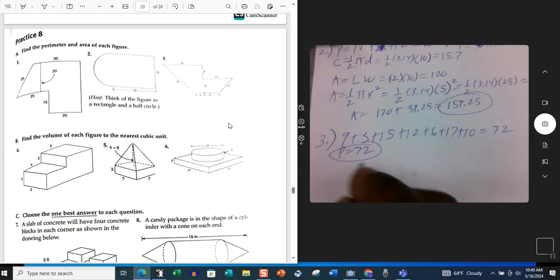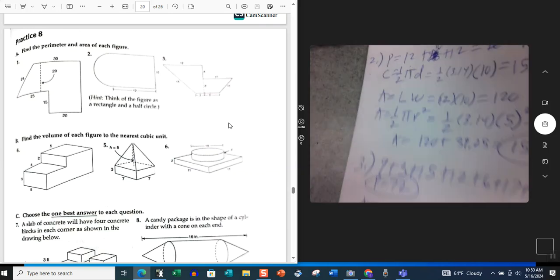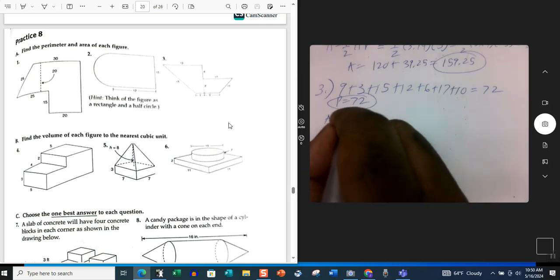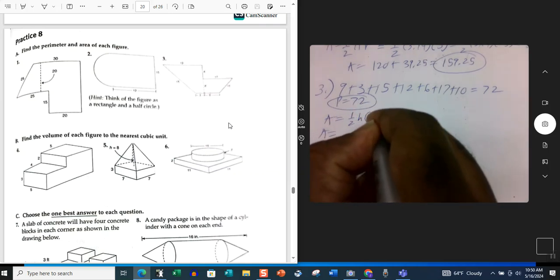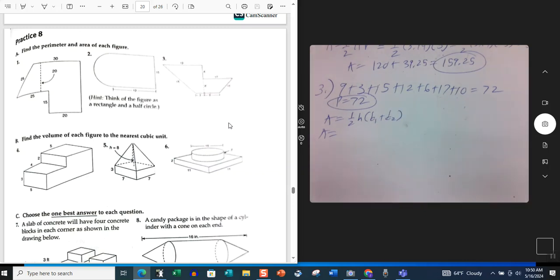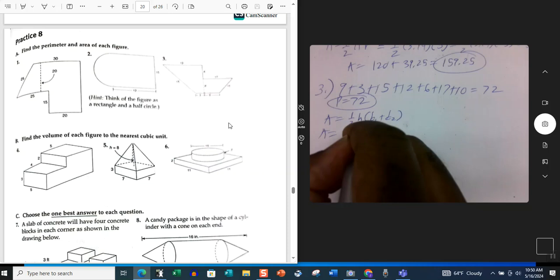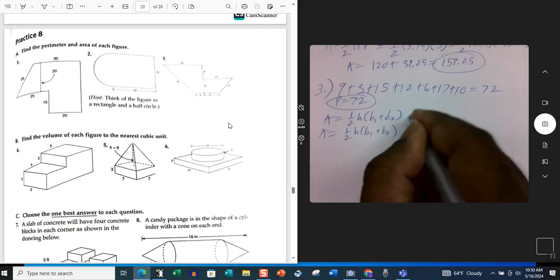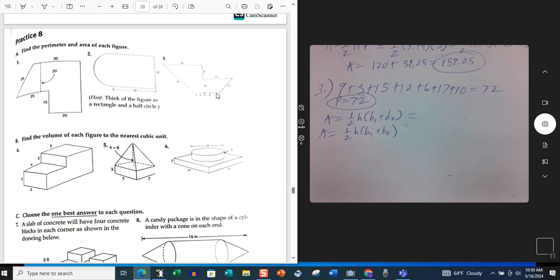Okay, now we want to do the area. So we will have two areas. It'll be two trapezoids. Now, the area of a trapezoid is half the height times the small base plus the larger base. And the formulas are the same. So let's go with the first trapezoid.